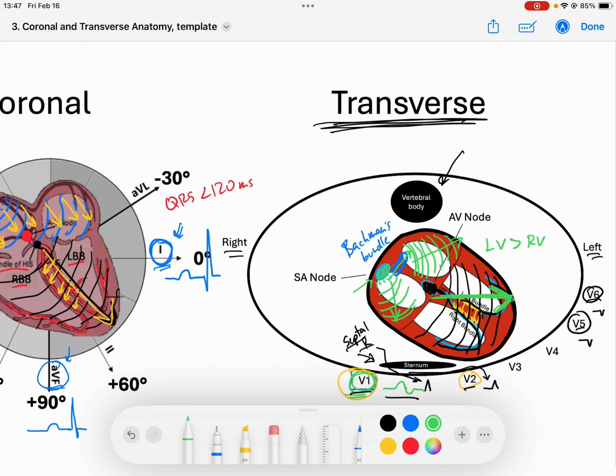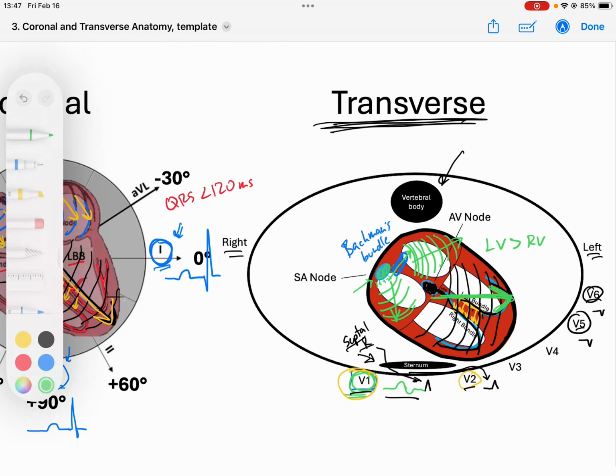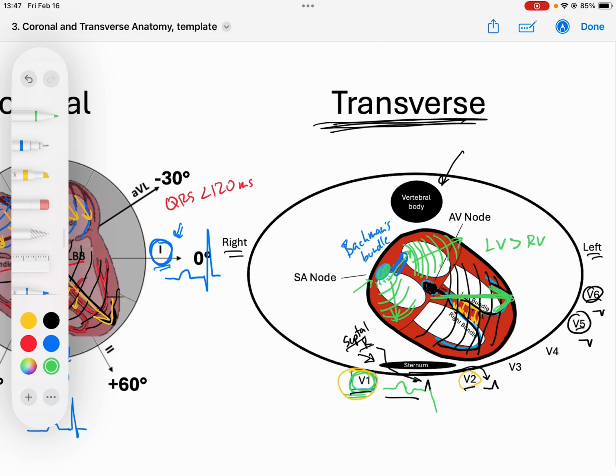And that direction is away from V1. And so in V1, you might see deep negative forces that represent that. In V2, you also will see some deep negative forces. But as we start moving through V3 to V4 to V5 to V6, we're going to become more and more oriented with this wave of ventricular depolarization.